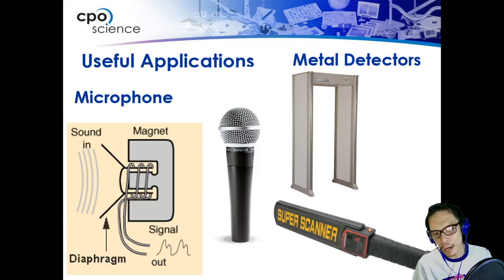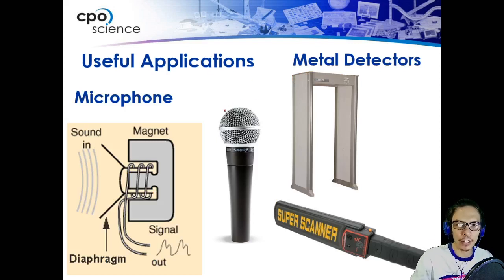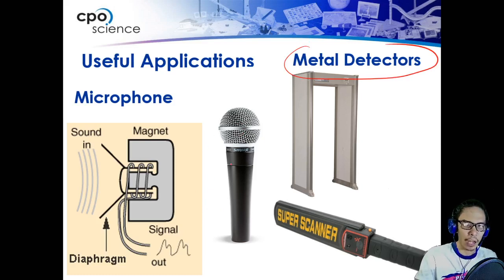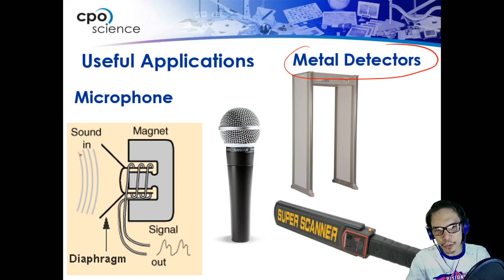Alright, so we have right here a microphone. A microphone is an electromagnetic induction application. If you are wondering what makes a microphone use electromagnetic induction: if you speak into the microphone, the voice generates mechanical waves, and these mechanical waves push this coil of wire up and down over the magnet in the middle.